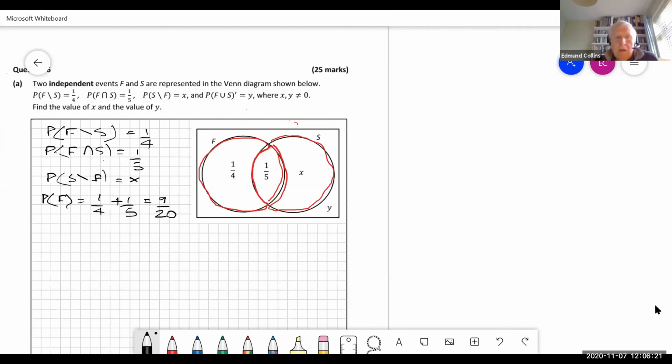Now, the first thing to note here, they're independent events.